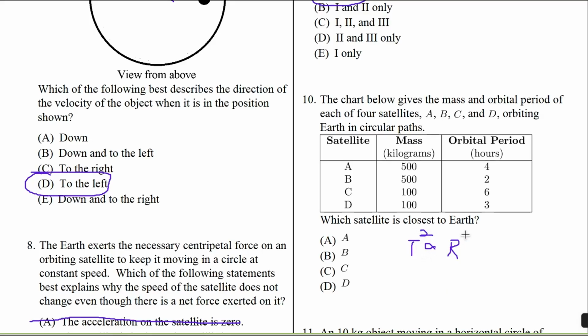I have to constantly rederive it. I think it's T squared is proportional to r cubed, but I could have these exponents mixed. It doesn't matter because it goes back to the same idea that objects that are closer will end up having a lower period. So this one's got the lowest period, therefore it is going to be the closest.